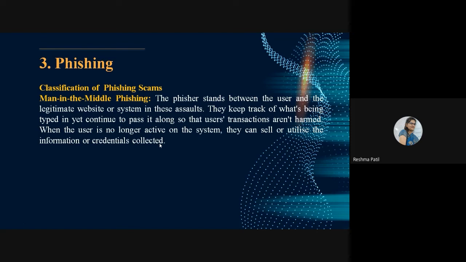He is just looking for what type of information the user is searching daily, what he is entering on the keyboard, which websites he is visiting, what data he is viewing. He is looking at everything. He will collect that information, and when the user is not active on the system, he will use that system with those credentials. So this is man in the middle phishing.